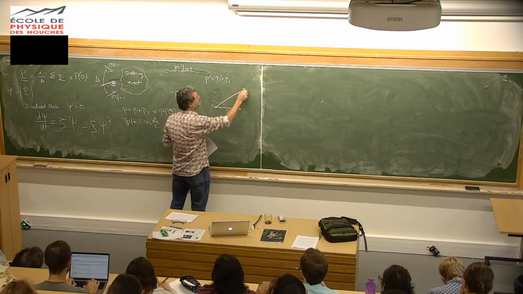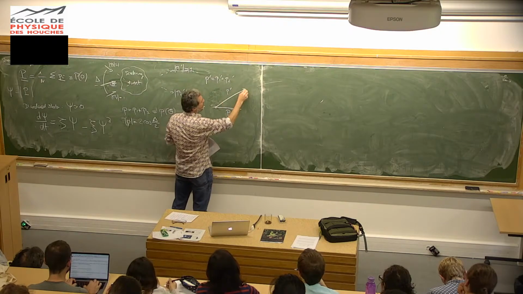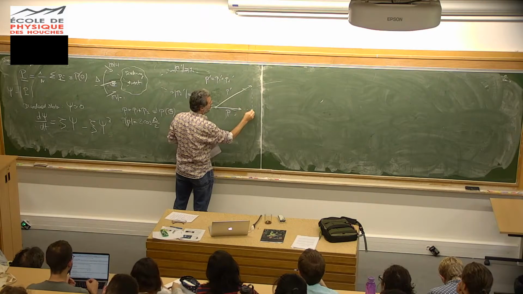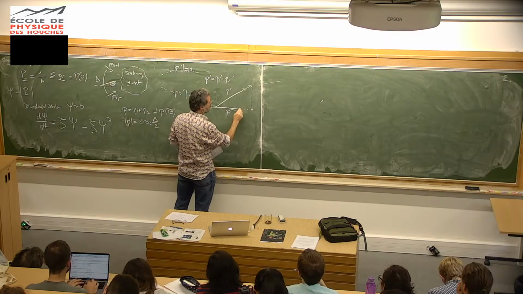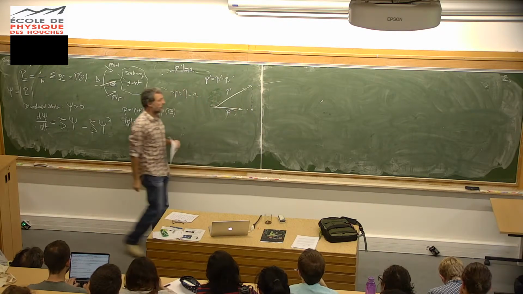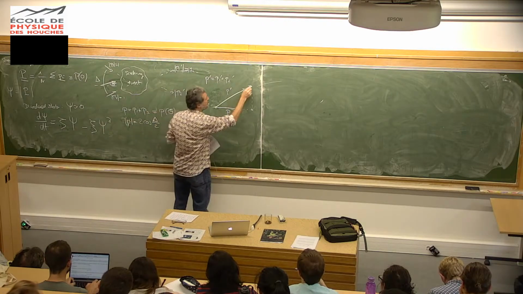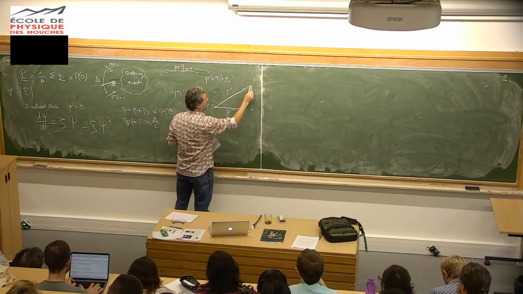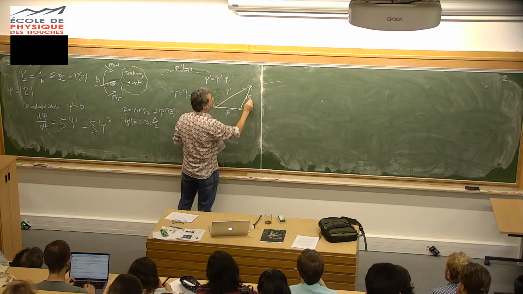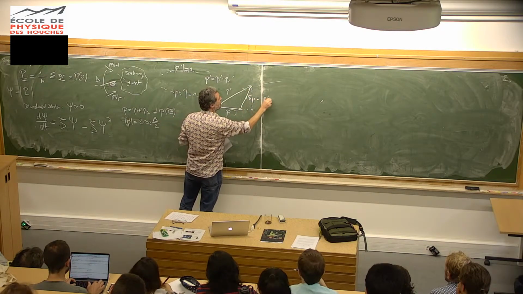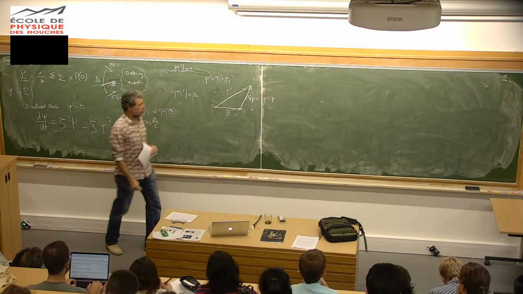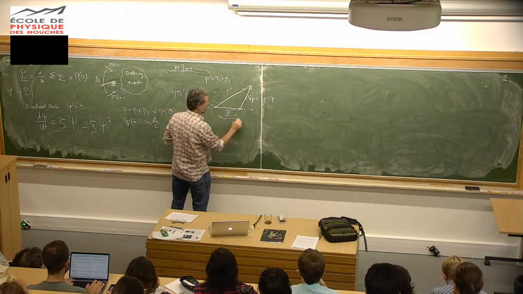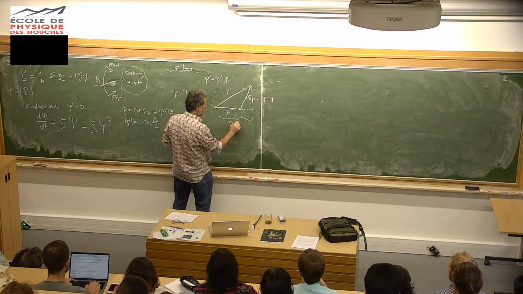I have P prime. Let's make it a little bit longer. This is delta P, where delta P equals P prime minus p. And I can project delta P on p. This will define the scalar product p dot delta P.